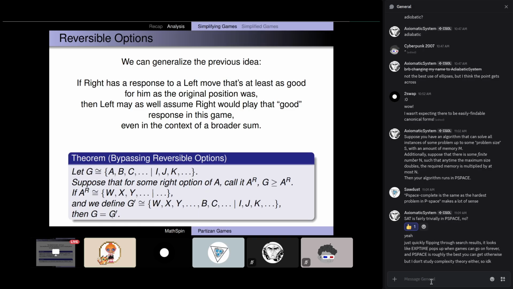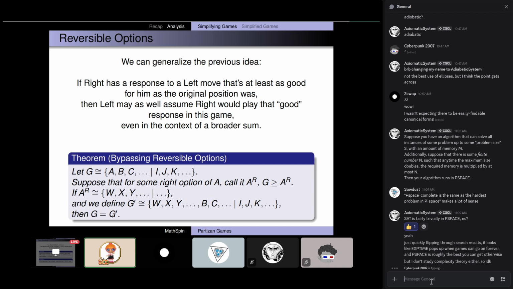That would be boring and not saying very much. That's saying G plus X and G prime plus X have the same outcome for all games X. That's what it means.